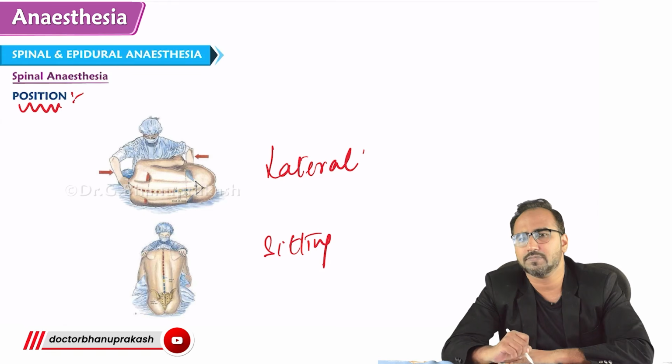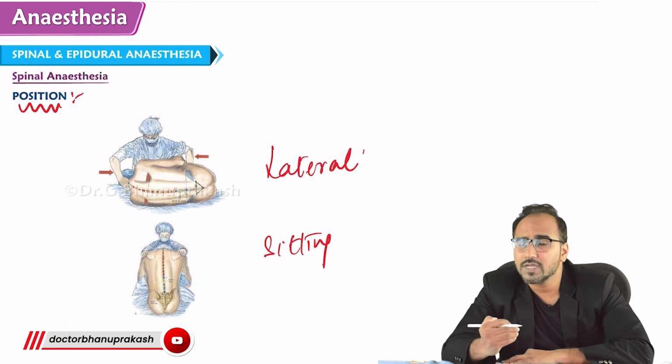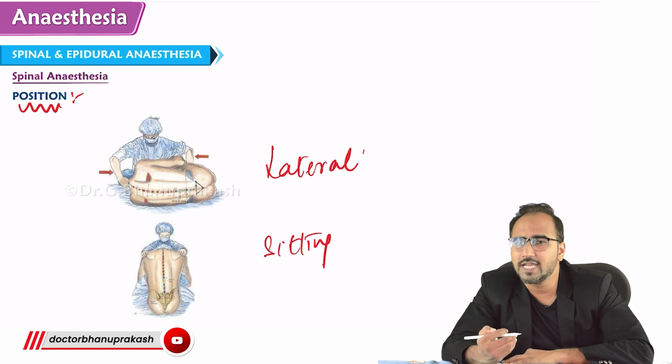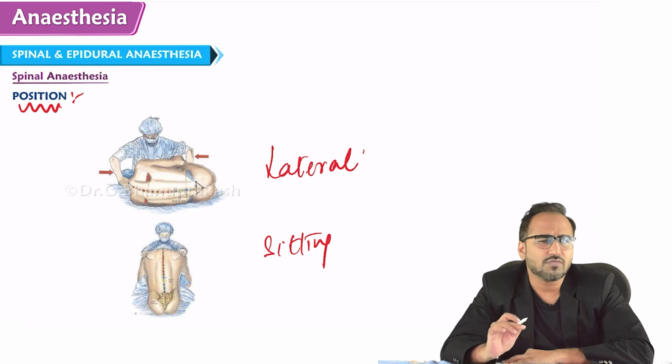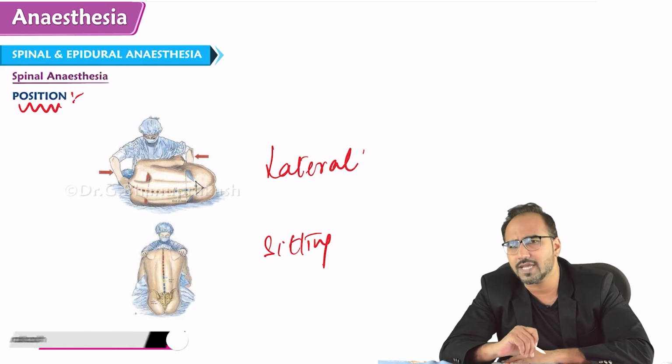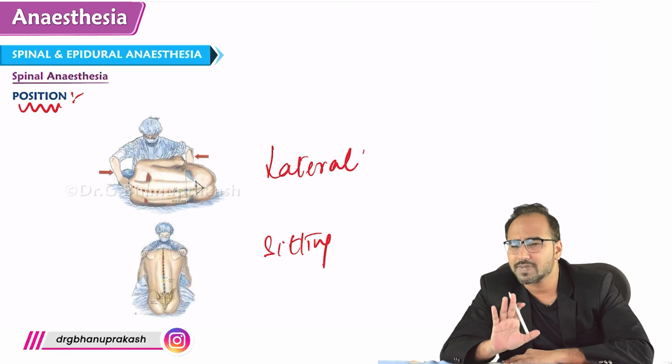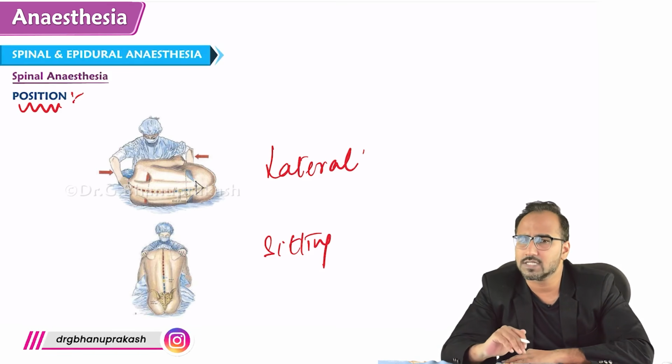After making the position, position is clear. Now we need to first identify the site where you have to introduce the needle, right? So what site will you choose for giving spinal anesthesia? Remember, spinal is given for below umbilicus, short duration surgery.